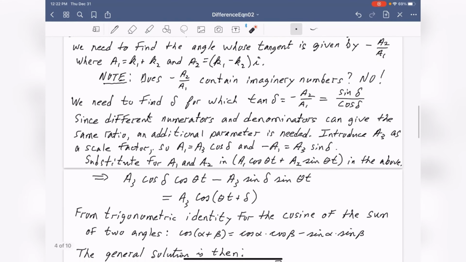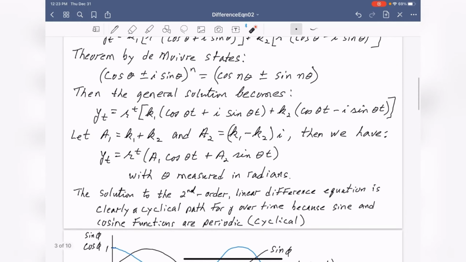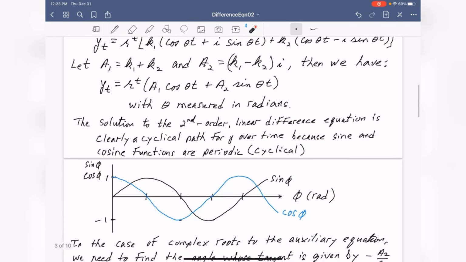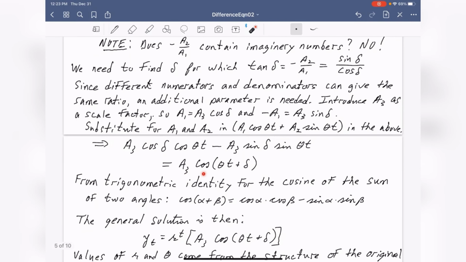That gives us A3 cos delta times cos θt minus A3 sine delta sin θt, and that's equal to, using this expression up here, A3 cos(θt plus delta).